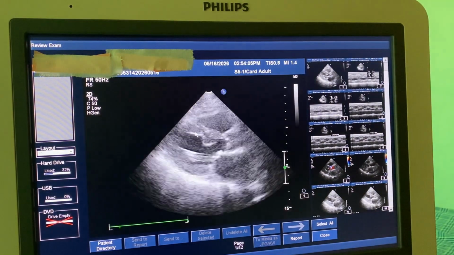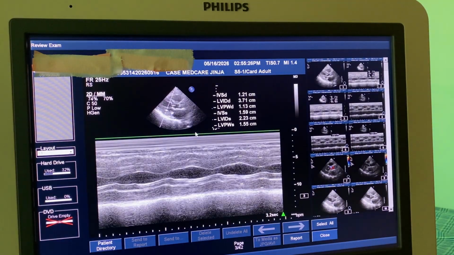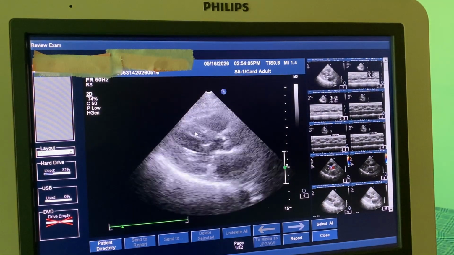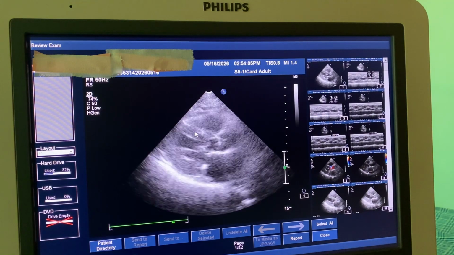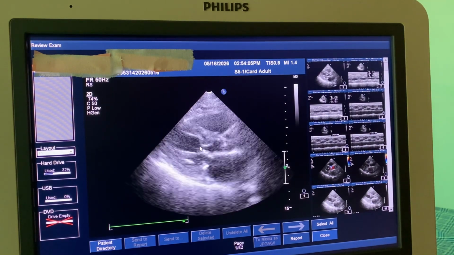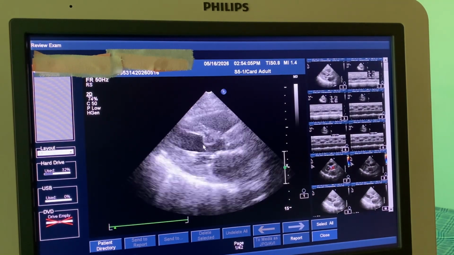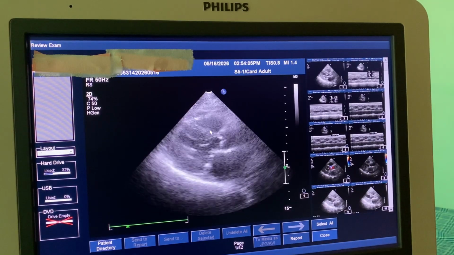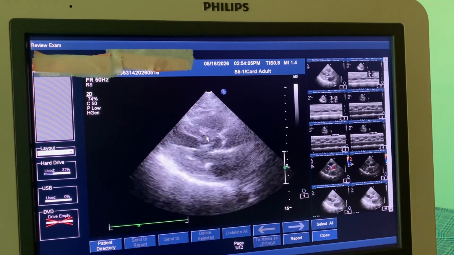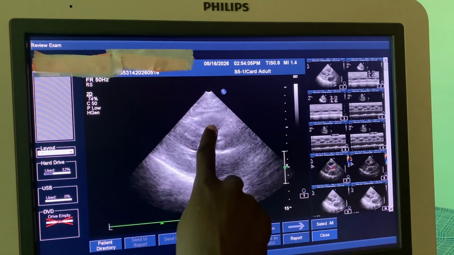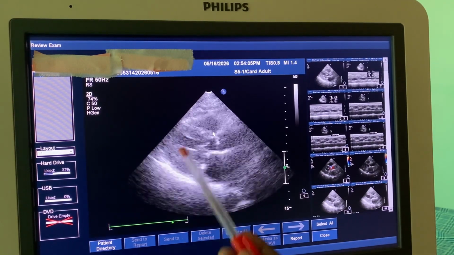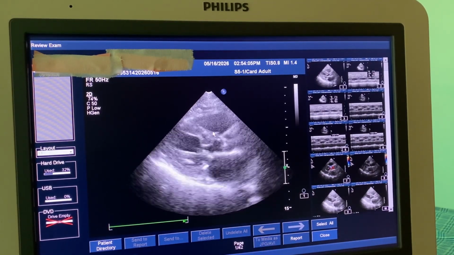We apply color. Okay, before I apply the color, I have to take the measurements. Now, if you see here, this video combines everything. You see this part from here up to here, it appears too big. We call this sigmoid septum. It is very common in elderly people.